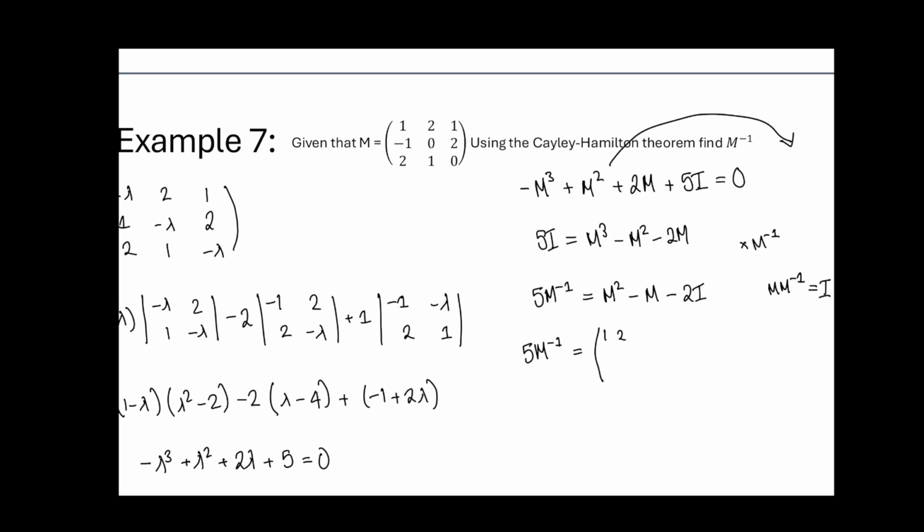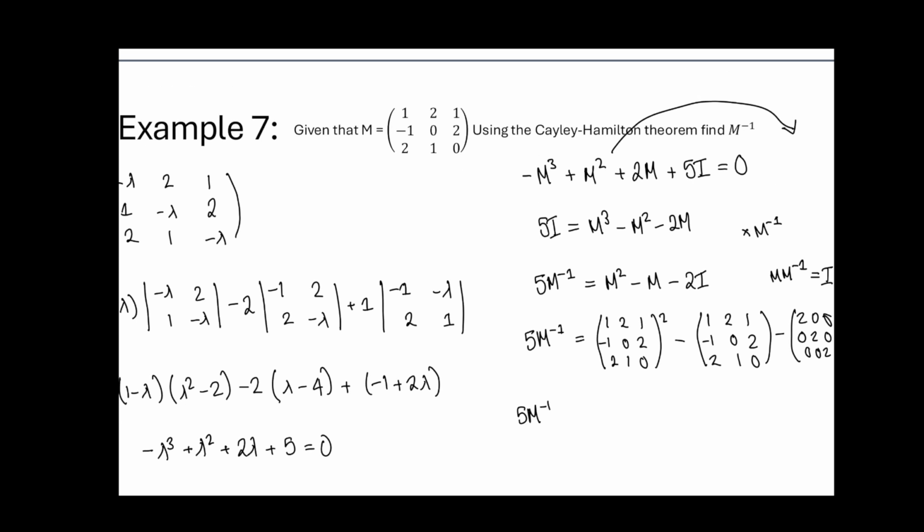So 1, 2, 1, minus 1, 0, 2, 2, 1, 0, squared minus 1, 2, 1, minus 1, 0, 2, 2, 1, 0, minus 2, 0, 0, 0, 2, 0, 0, 0, 2. So 5 minus 1 is equal to 1, 3, 5, 3, 0, minus 1, 1, 4, 4, minus 1, 2, 1, minus 1, 0, 2, 2, 1, 0, and minus, I will write 2I just to save space.